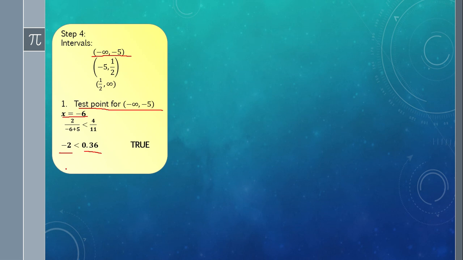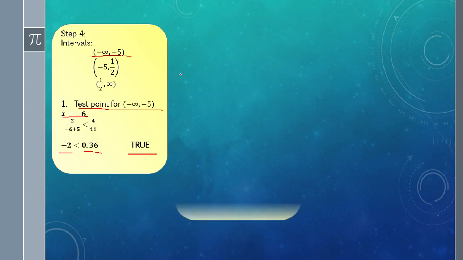And you need to answer the question, is negative 2 less than 0.36? And that is true. Take note that negative 2 is located on the left side of the number line, and 0.36 is almost 1, which means that it's going to be positive, which means that that value, 0.36, is greater than negative 2.